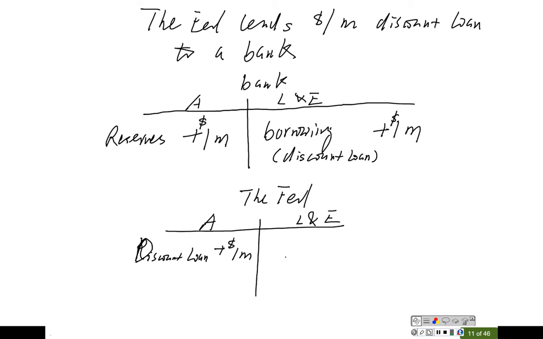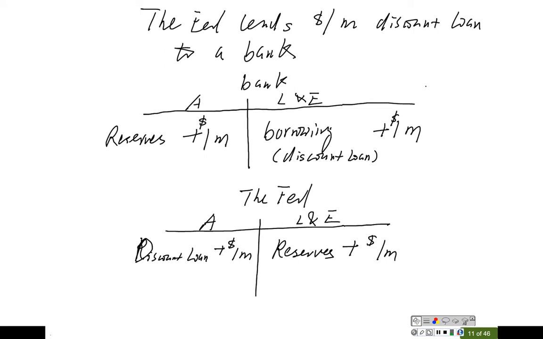The commercial bank eventually needs to pay back this $1 million to the Federal Reserve. And because the Federal Reserve added $1 million to the commercial bank's reserve account, and we know reserve is on the right hand side of the Federal Reserve's balance sheet, this will increase by 1 million as well.